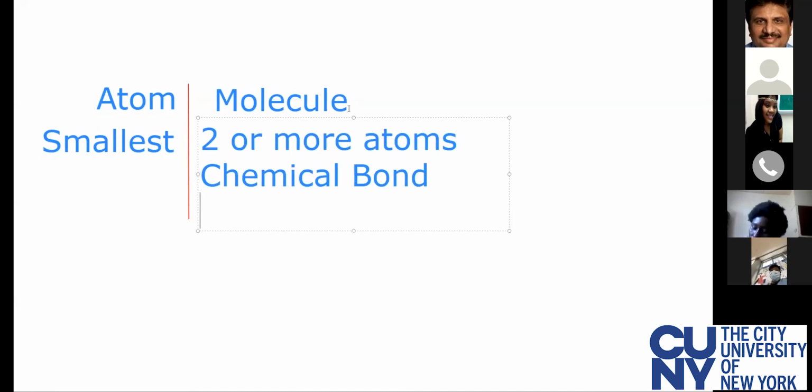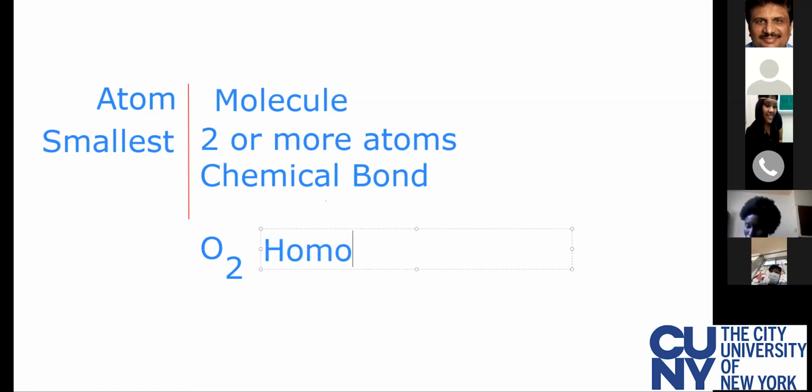What could be an example? For example, oxygen gas. Oxygen gas is written as O, and 2 is a subscript written like this, an oxygen atom. Now, the two atoms are similar here, so these kinds of molecules are referred to as homogeneous.